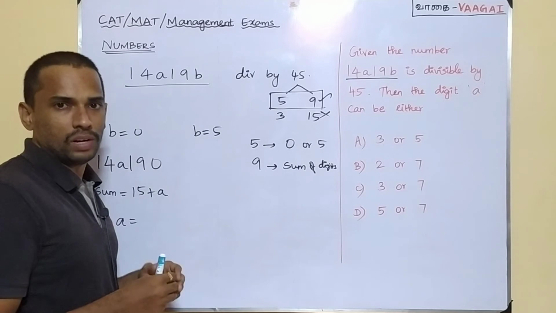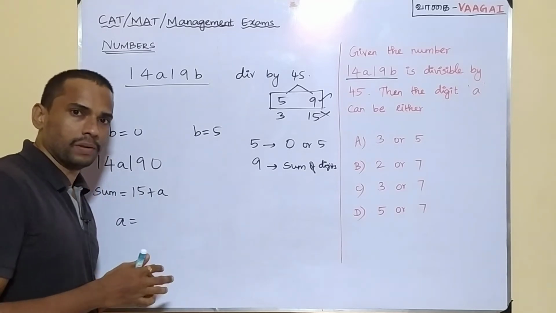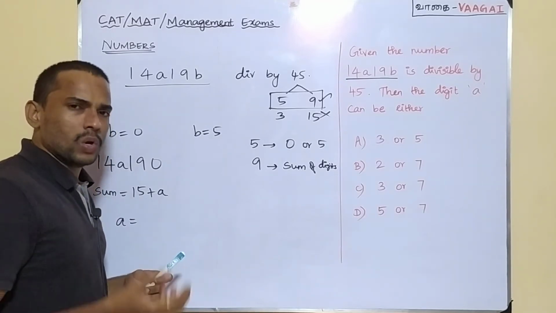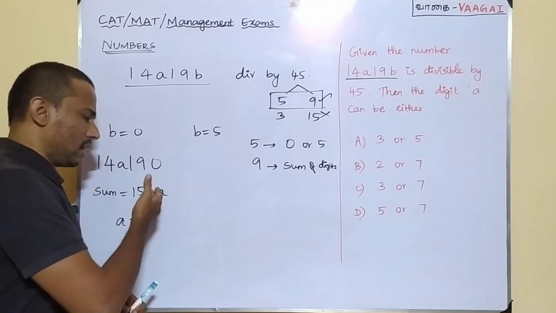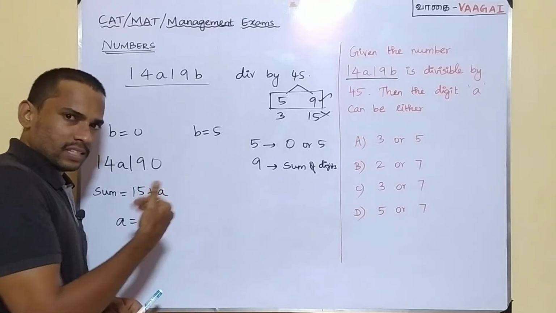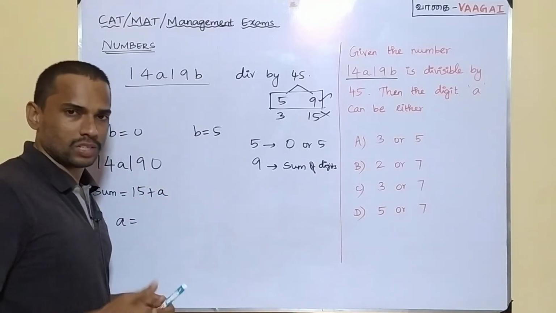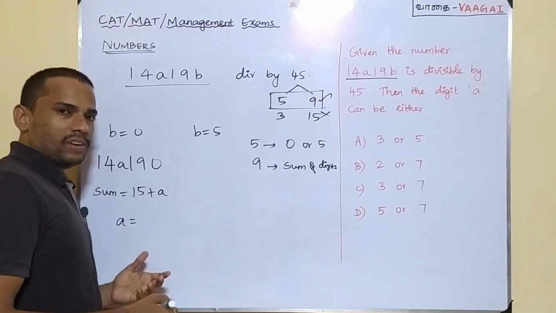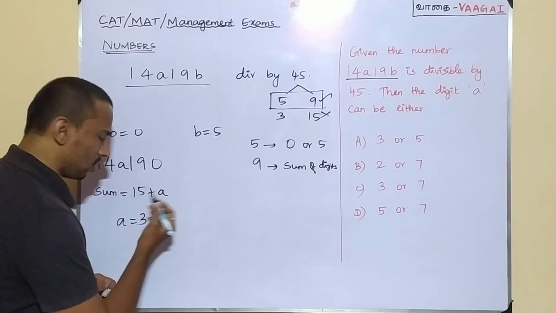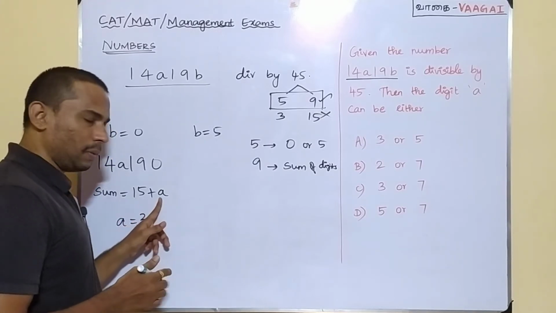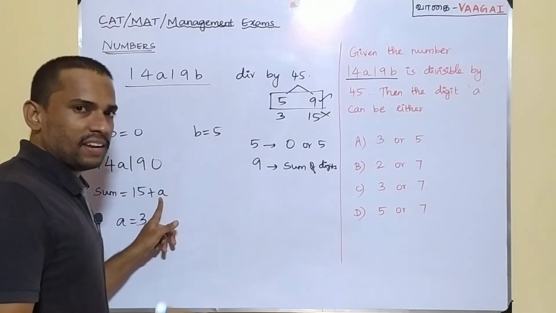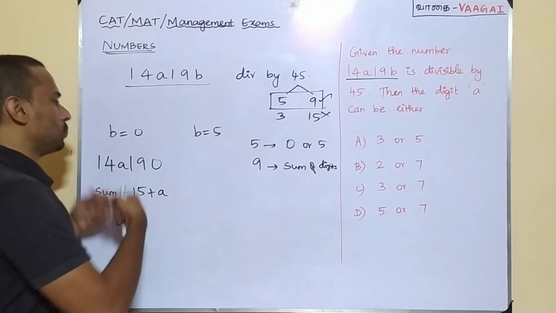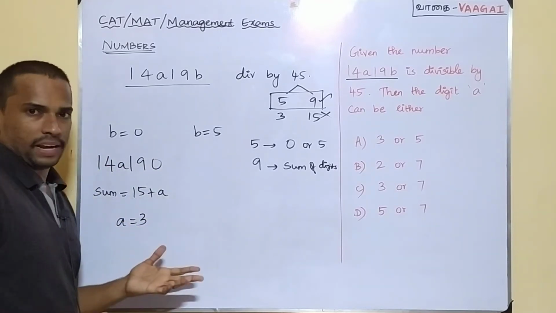You can even do a trial and error method, placing A as 1, 2, 3, 4. You will easily find that A will be equal to 3. Why? Because 15 plus 3 is 18, and 18 is divisible by 9, hence making our entire number divisible by 9. That's the point.